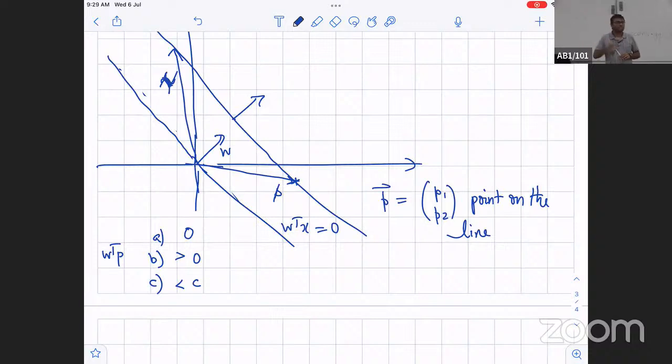W transpose P is equal to 0. What about B? Okay, 4. And W transpose P is less than 0. What about others?